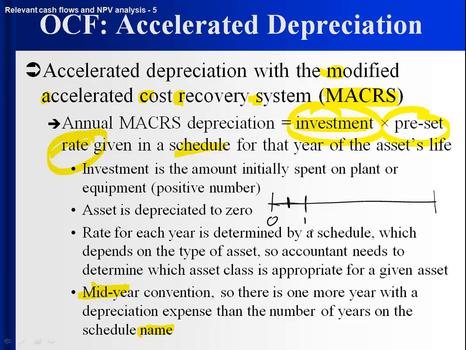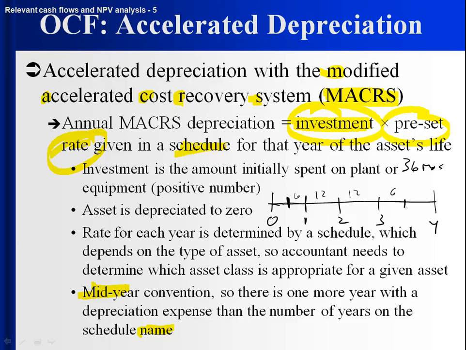So here you have 0, 1, 2, 3, and 4. If this is a 3-year schedule, we would be depreciating over 36 months. So you'd have 6 months in year 1, 12 months in year 2, 12 months in year 3, and then 6 months in year 4.